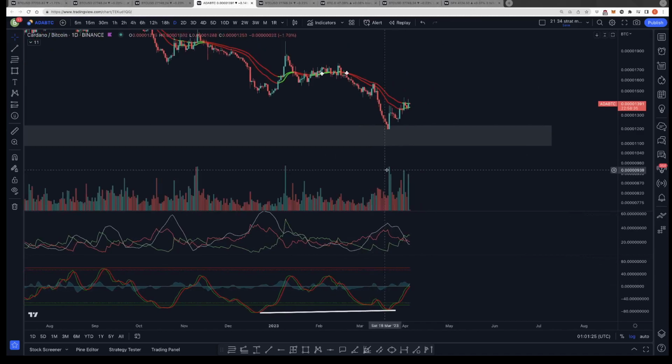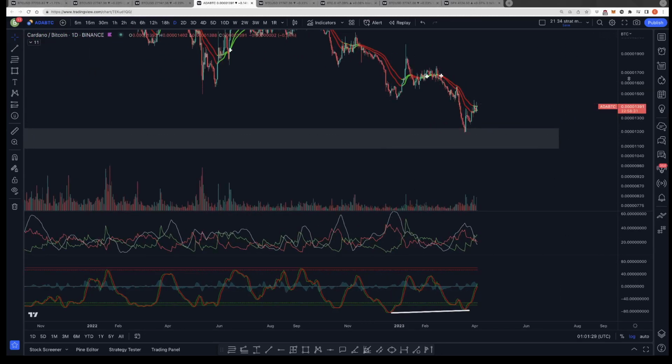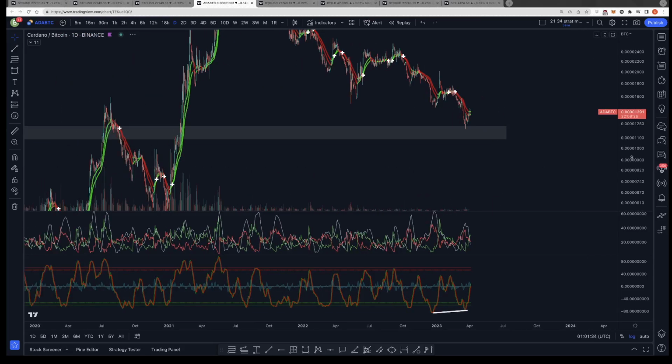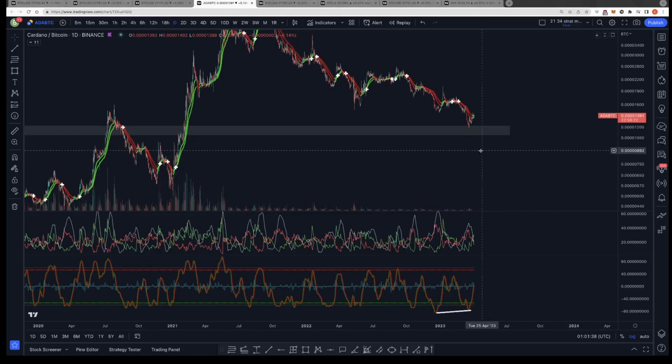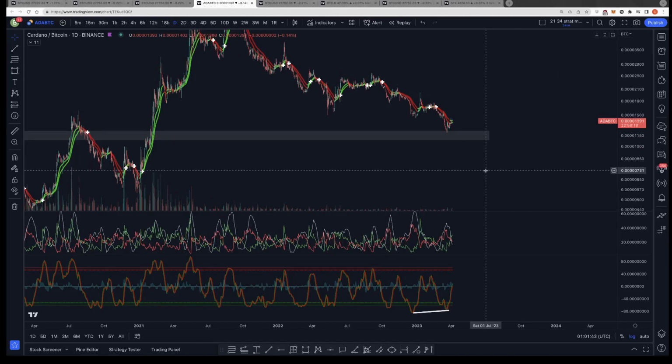So this is just one to keep an eye on. Again, this will just follow suit with the dominance chart and Ether Bitcoin. And so if the altcoins do run, you could see a large move out of Cardano in the near future.